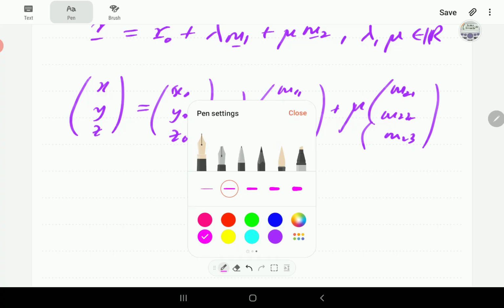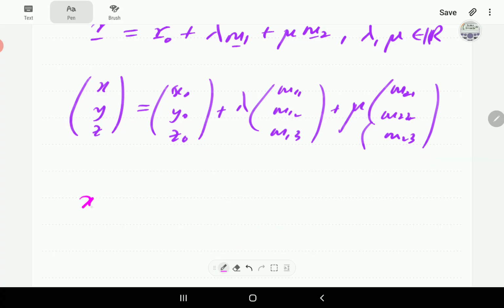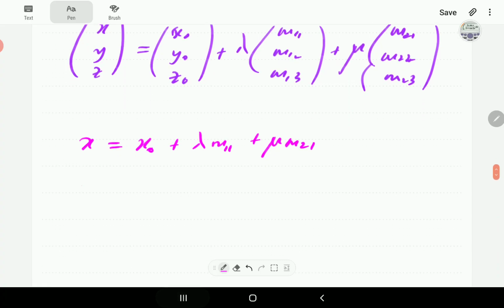If we split this, then the x component will give us x equals x0 plus lambda m11 plus mu m21.